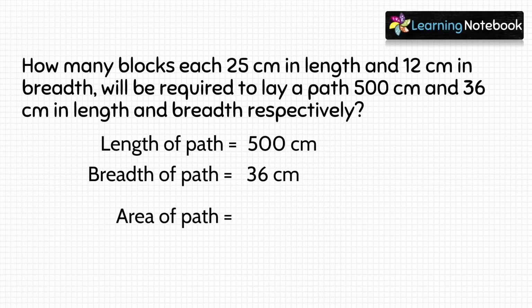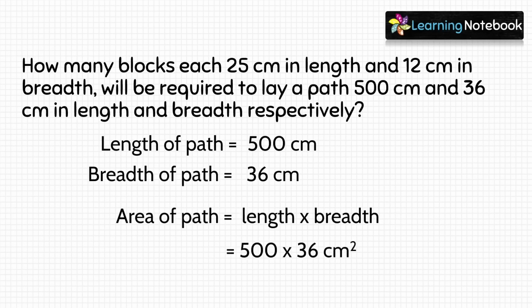Now students, since we are given length as well as breadth, we will consider this path as the rectangular path. And we know area of a rectangle is length into breadth. So area of this path will be 500 into 36 square centimeters. Let's not multiply it here because ultimately we have to divide this area.